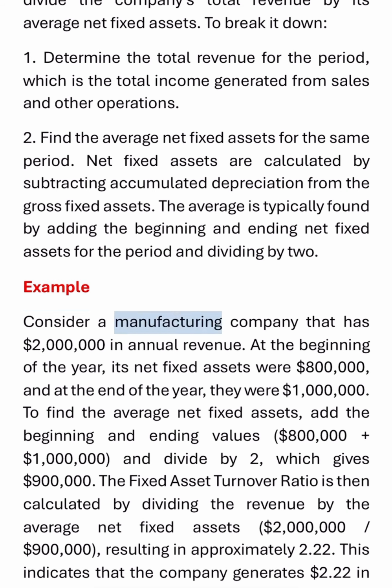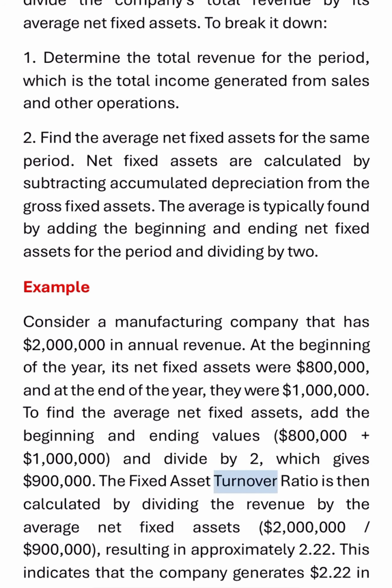Example. Consider a manufacturing company that has $2 million in annual revenue. At the beginning of the year, its net fixed assets were $800,000, and at the end of the year, they were $1 million. To find the average net fixed assets, add the beginning and ending values, $800,000 plus $1 million, and divide by 2, which gives $900,000.